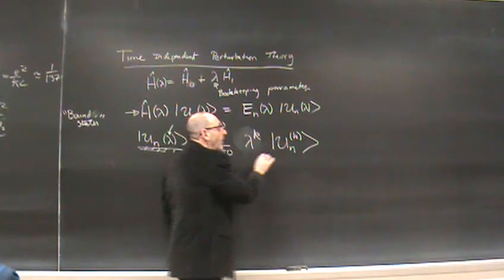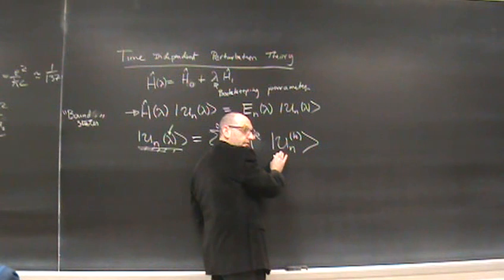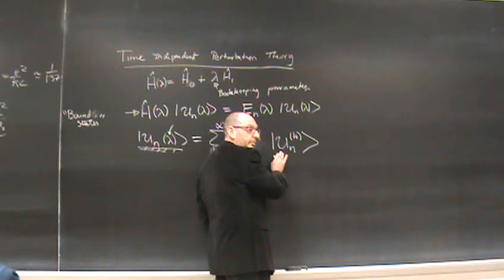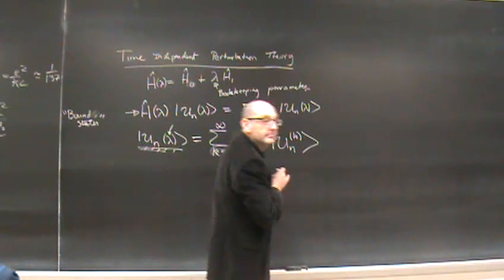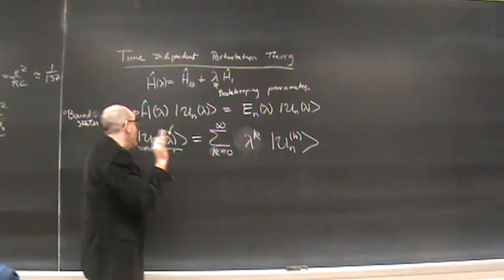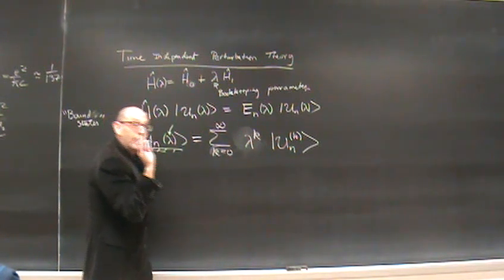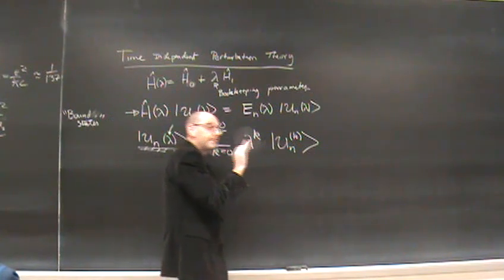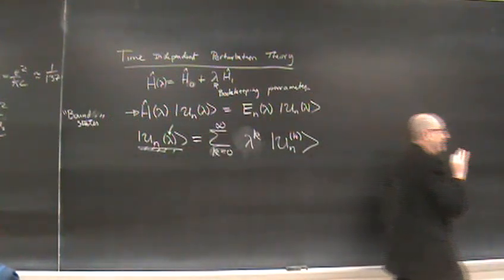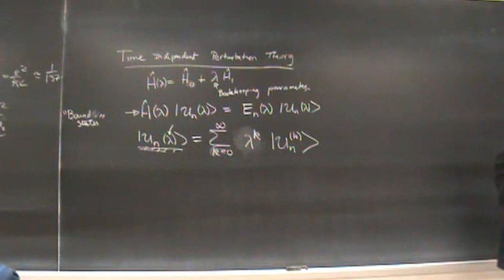Where these are vectors in Hilbert space. They're just other vectors in Hilbert space. They're not a basis. They're not necessarily in the same Hilbert space? They're all in the same Hilbert space. This is just a relationship between vectors.